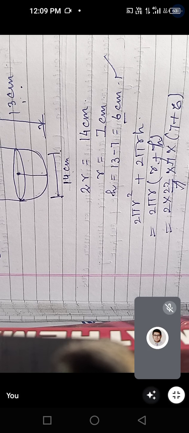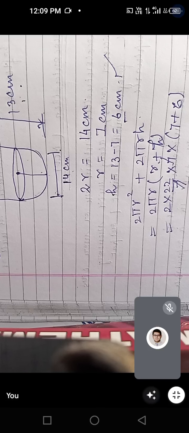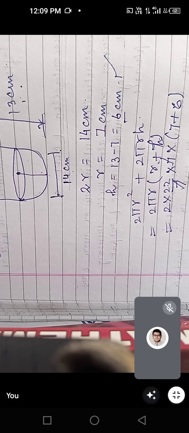Next question, write down. A toy is in the form of a cone of radius 3.5 centimeter mounted on a hemisphere of the same radius.